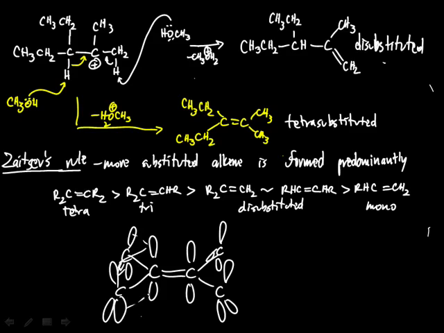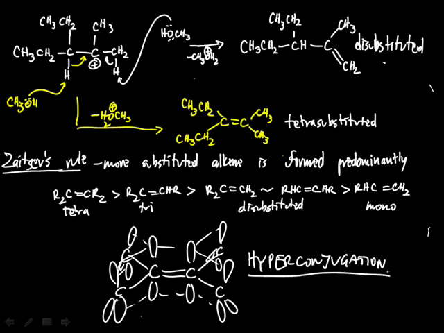And just as we saw in the cases of radicals and cations, the more of these bonds we have in the neighborhood, the better, the higher the stabilization. And so hyperconjugation is an important factor in stability of alkenes.